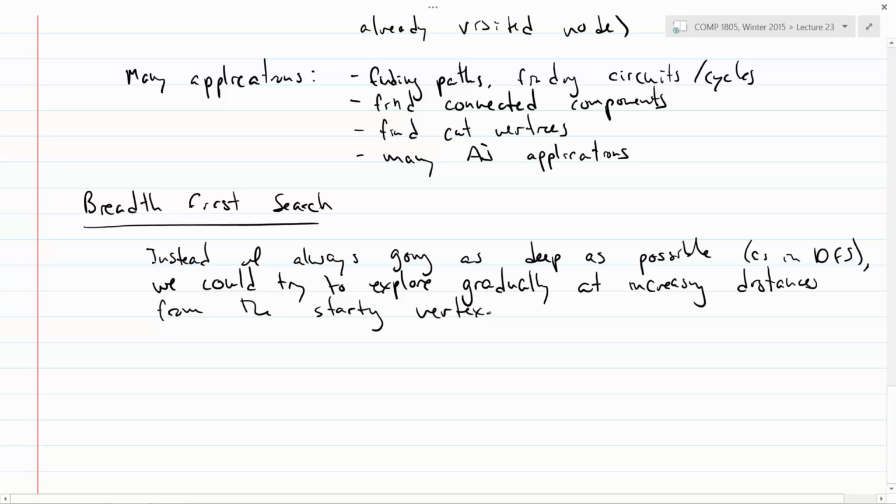And doing this is called breadth-first search. And not surprisingly, this is abbreviated BFS.